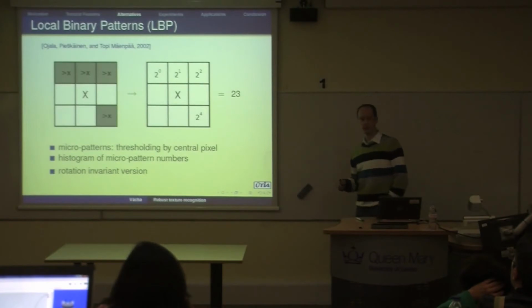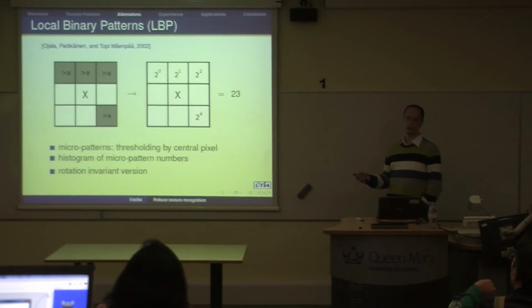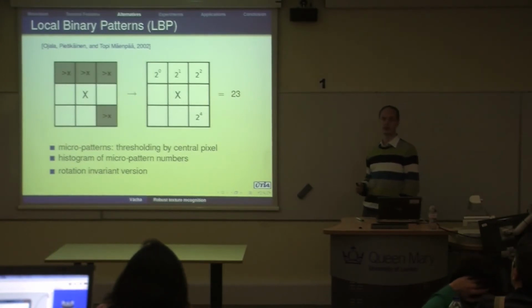In this way, you get a binary microtexture, and convert this microtexture into one number by multiplication with powers of 2. And after that, you compute histograms of these micropatterns. And that's it.